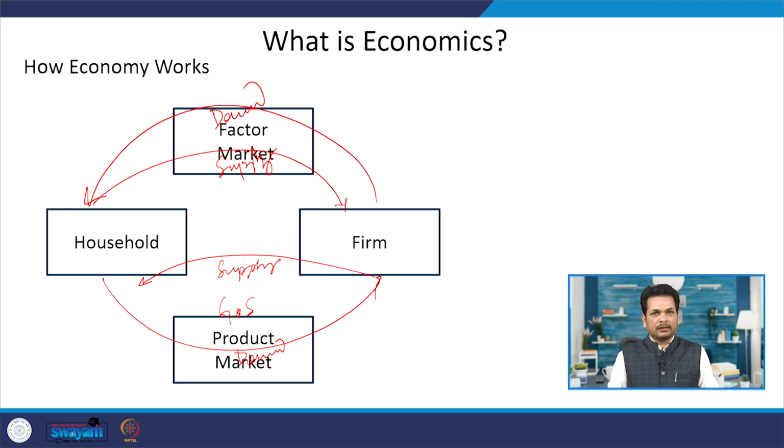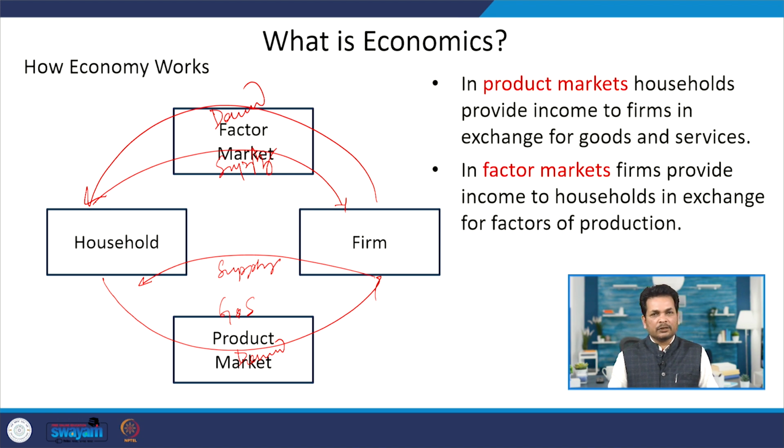The exchange takes place for these factors of production in their respective markets. For land, it is the land market; for labor, it is the labor market; for capital, it is the capital market. This is the basic framework from which, in a two sector model, we can explain how the economy works.